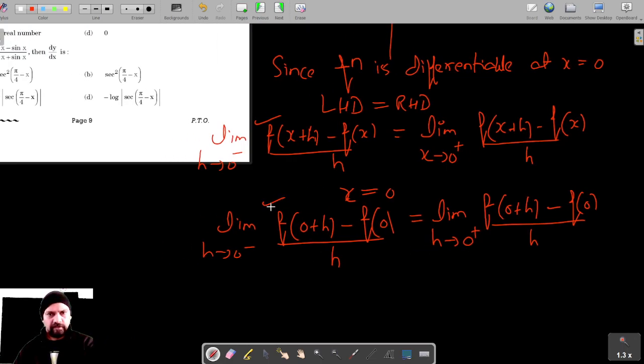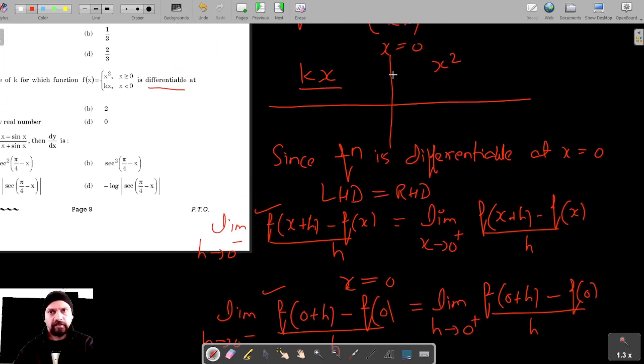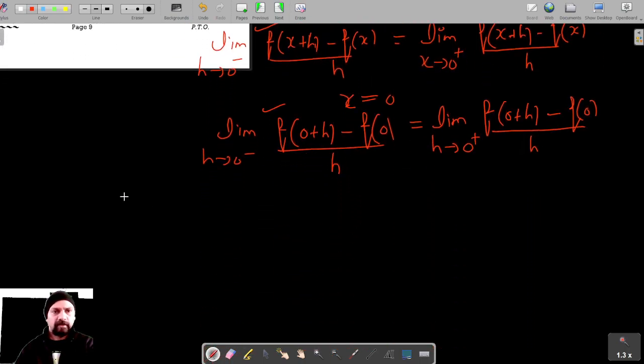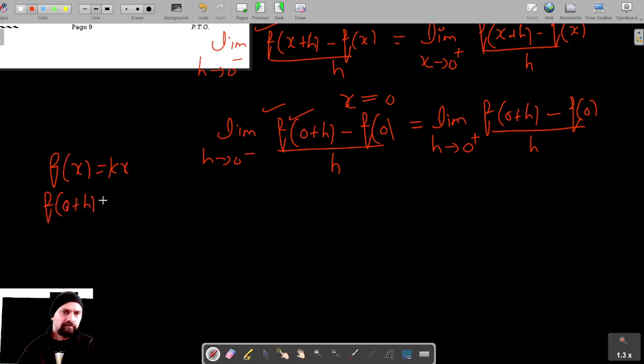Now for the left hand derivative, the function is k of x, so f of 0 plus h is f of h, and this should be kh.